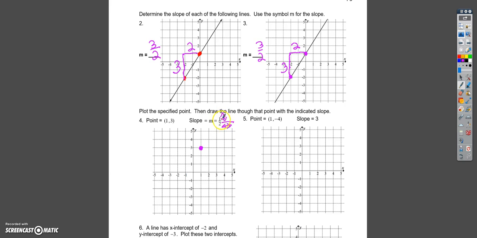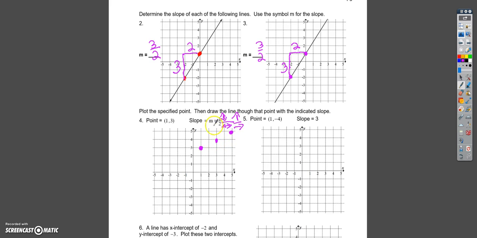So since this is positive 1, we're going to go up 1 and right 2 because it's positive 2. So from here, I'm going to go up 1 space and run 2 spaces and put a point.